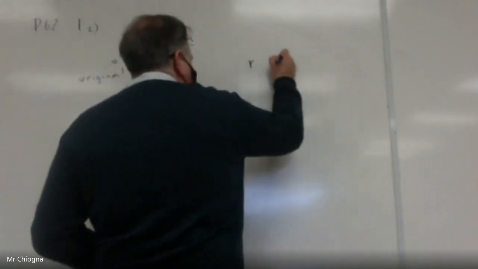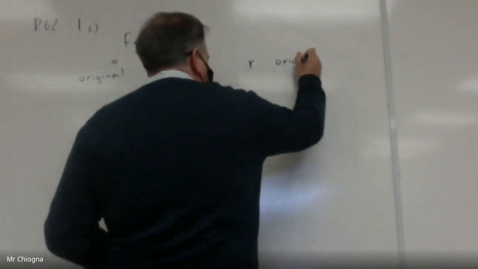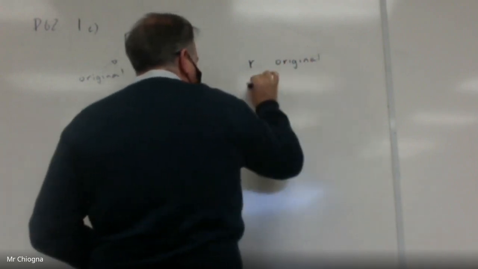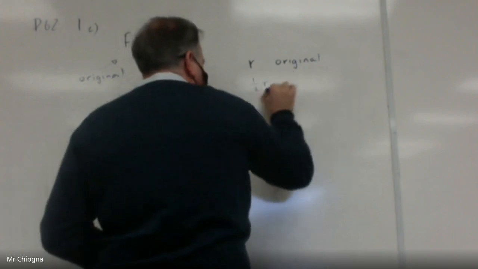It is some number. It could be like 10. That's the value, let's say, of the original force, 10 newtons. What's the new force? Well, we have to figure out what factor we multiply the original force by. Do the same thing as we did before. The new distance, we're told, is a half the original, 1/2 part.